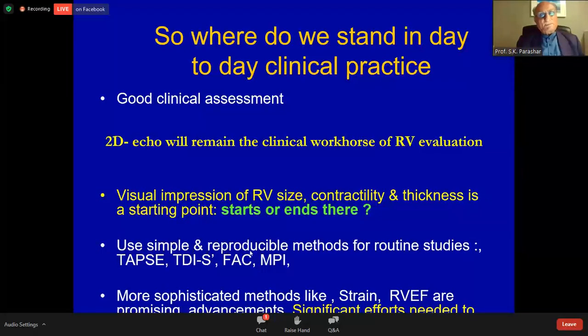Use simple and reproducible methods for routine studies like TAPSE, tissue Doppler, fractional area change, and myocardial performance index. More sophisticated methods like strain and RVEF are promising advancements, and efforts should be made to make them simpler and to be used on a daily basis.